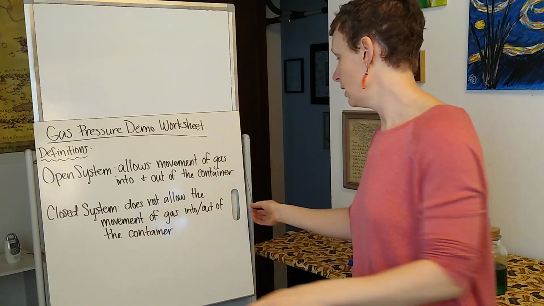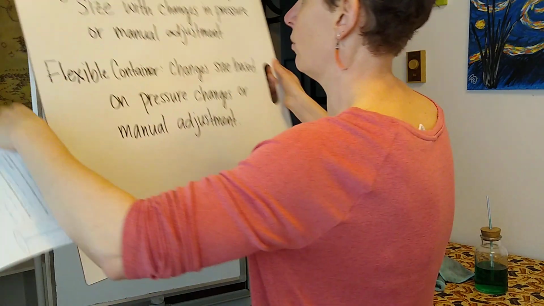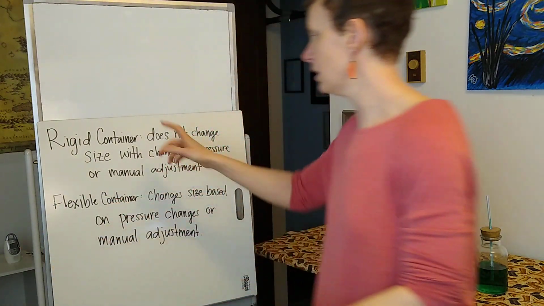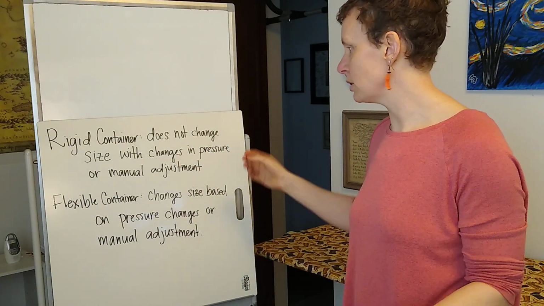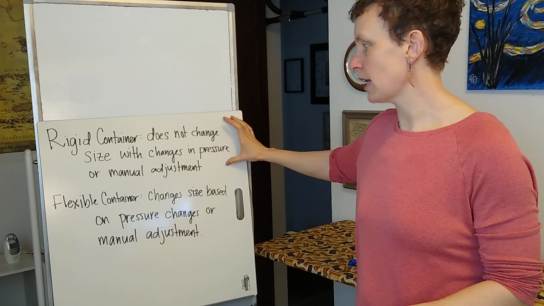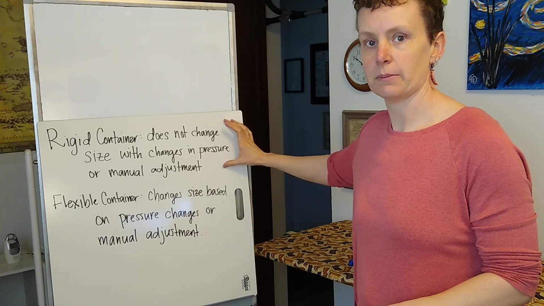Okay, so rigid and flexible container. Again, we have probably used those words before, so they're not new to us, but we're just going to talk about them in a little bit more technical language here. A rigid container does not change size with changes in pressure or manual adjustment.